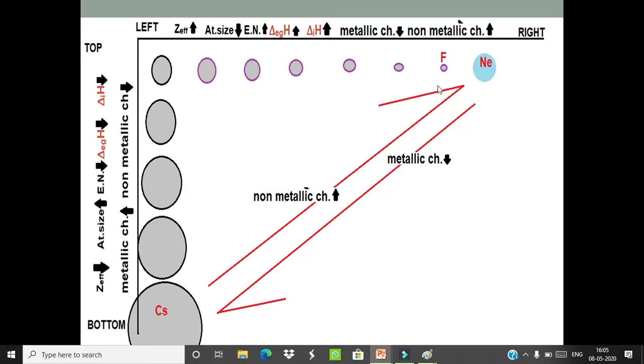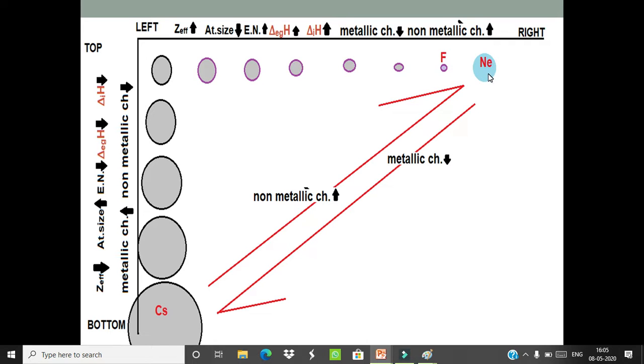There is another important thing: at last there is group number 18, and comparatively, the size of a noble gas atom is larger as compared to groups 17, 16, 15, 14, and 13. So how do we suddenly observe an increase in atomic size?